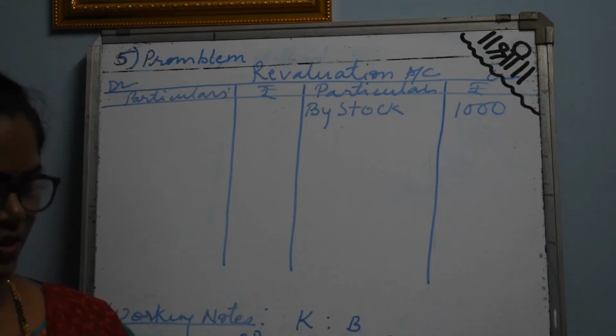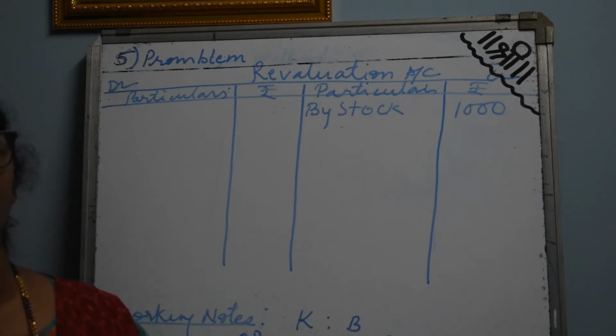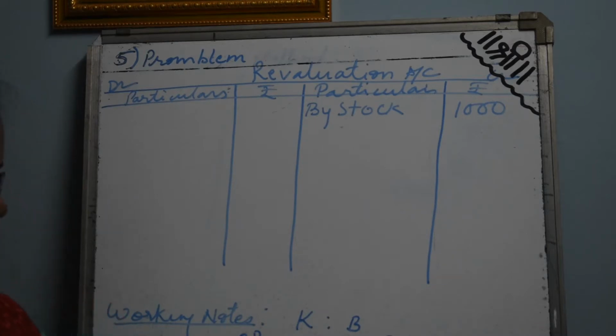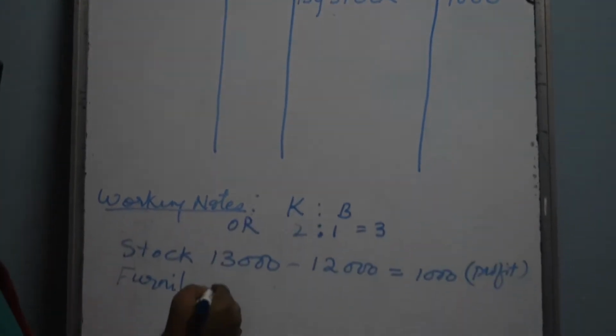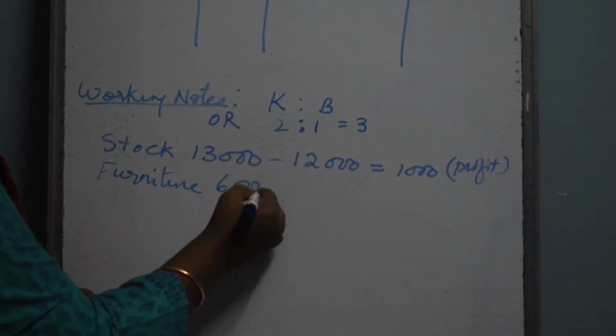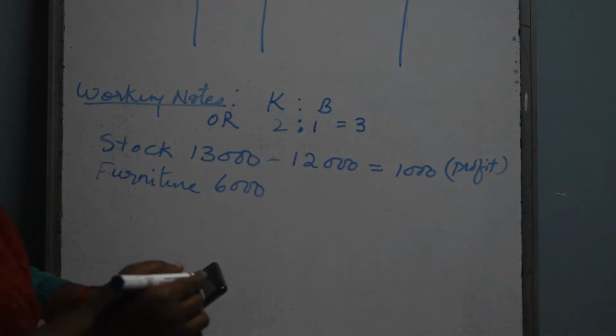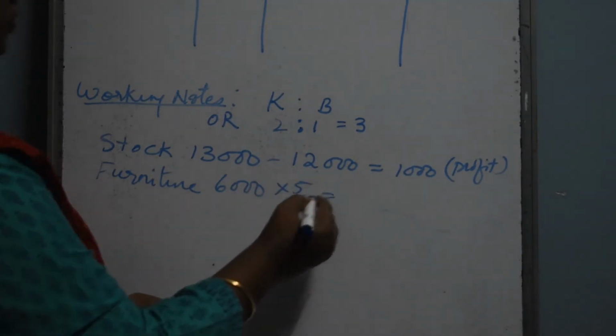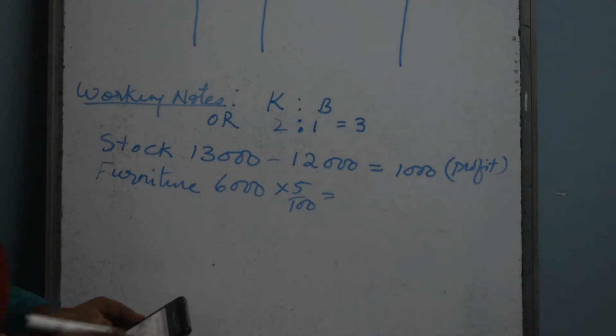The continuation of the same B point: furniture to be depreciated by 5%. Whenever a percentage is given, you have to calculate that percentage on whatever asset or liability is given. You have furniture, in the old balance sheet it is given 6,000. 5% of 6,000 comes to 300.